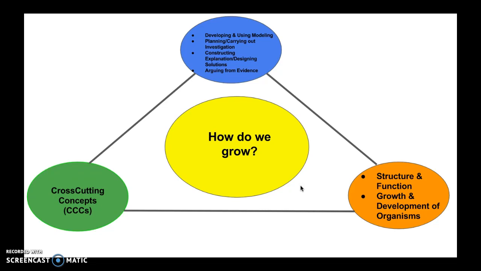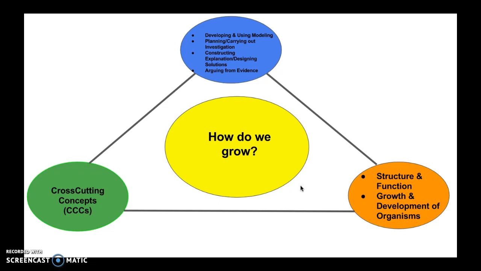So during this unit, I'm going to focus on modeling. I will start with having my students develop an initial model based on their preconceived ideas about how do we grow. Everybody has ideas, so putting together an initial model should be relatively easy for them. Next, I will have my students work with evidence that I provide, or I could have them design their own investigation.